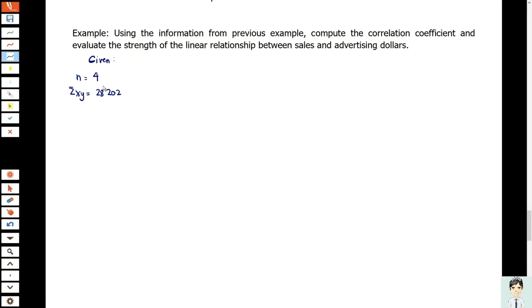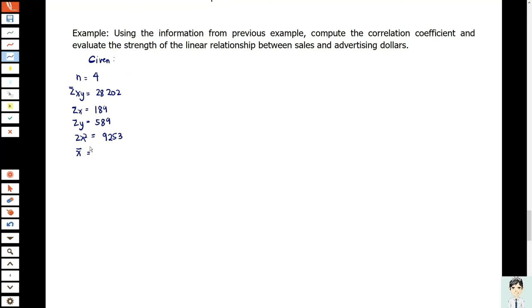So, we have summation ng x na 189, then summation ng y is equal to 589. Diba? We have summation ng x squared is equal to 9,253, diba?